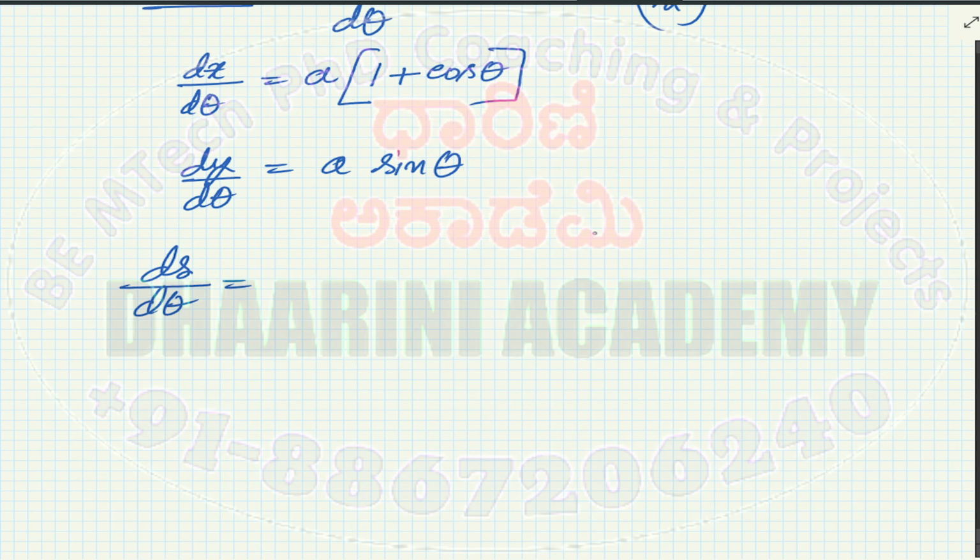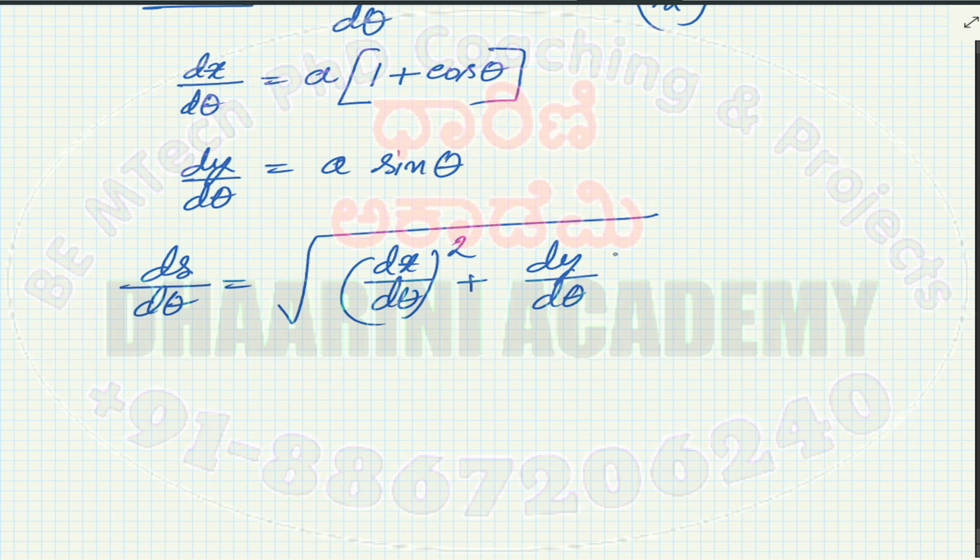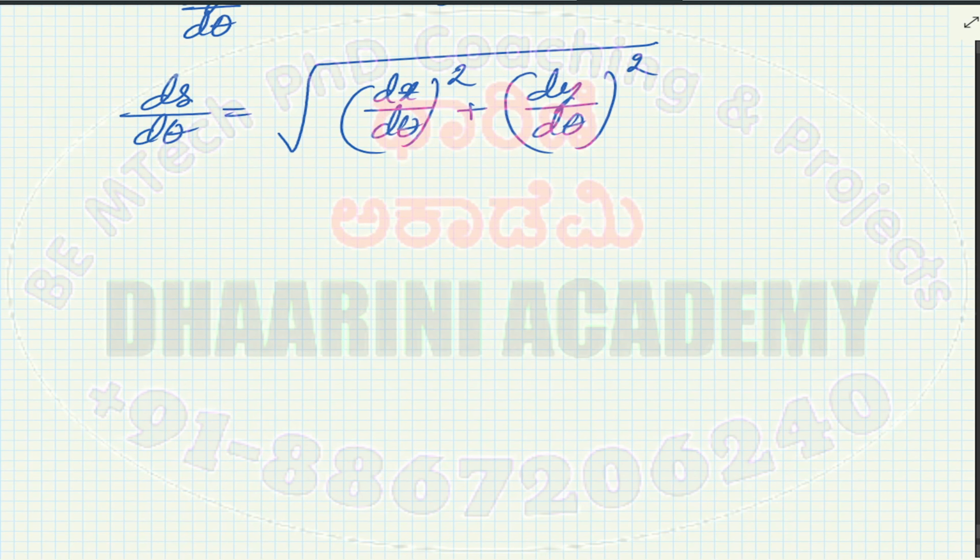You need this. This is equal to the square root of (dx by d theta) the whole square plus (dy by d theta), this is also squared. Just now, if you see above, we have dx by d theta and dy by d theta with us. So you can simply substitute from the above answer.